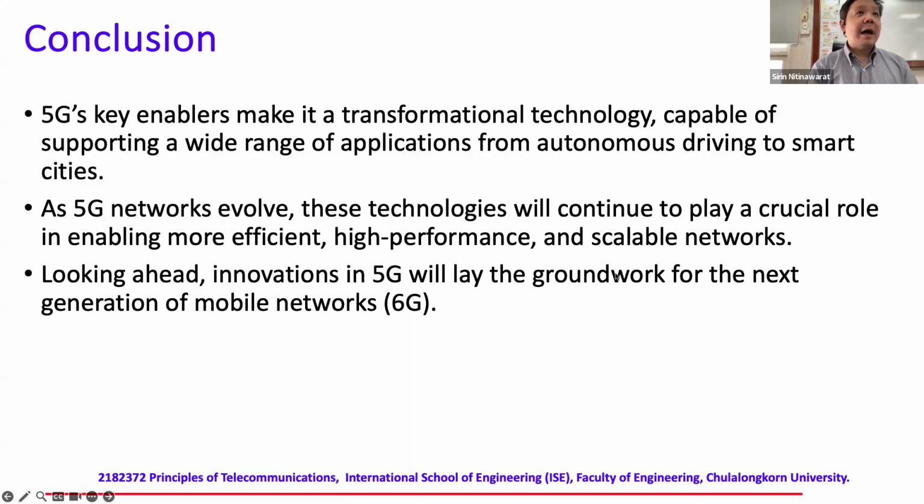And then when the time comes, it will be appropriate for the community to introduce yet another generation of cellular network that we call 6G. That's all going on in terms of research. And you should expect it to materialize within the period of about 5 to 10 years.